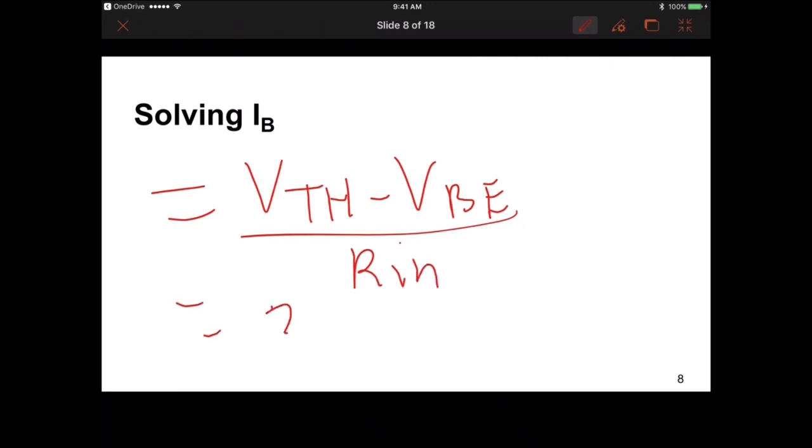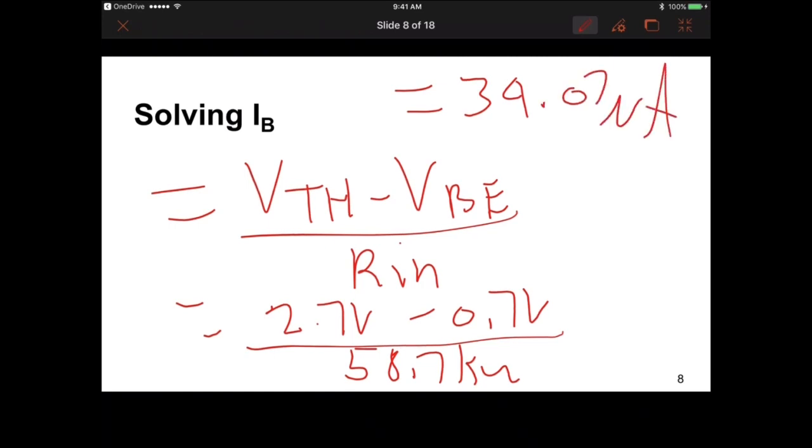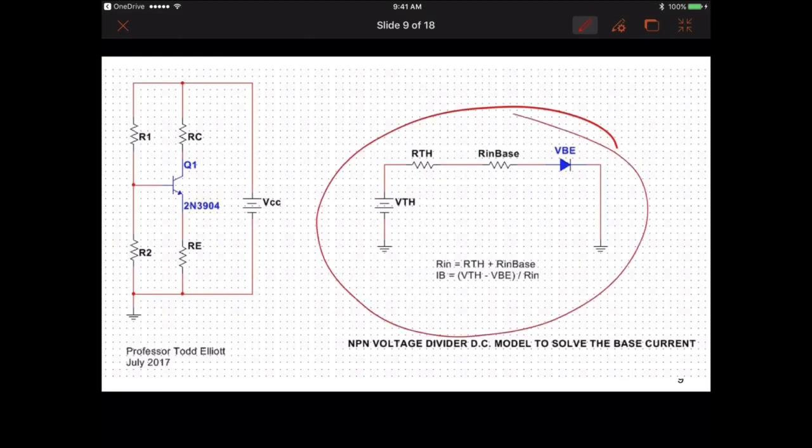So that's going to be 2.7 volts minus 0.7 divided by 58.7 kilo ohms, and that equals 34.07 microamps. Okay, so there's the model. That's where the formula came from.